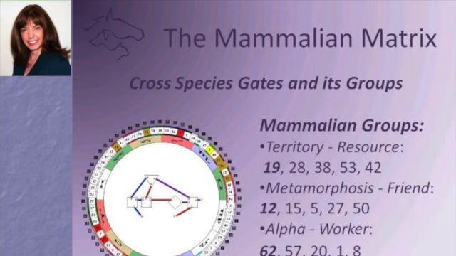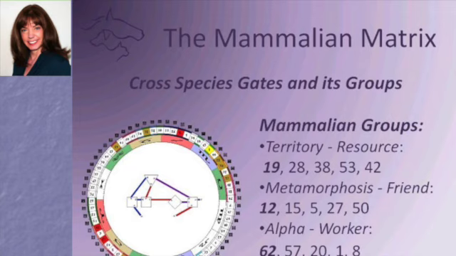In the mammalian area, this is about the alpha. So this is where you get into who's on top, who's the leader of the pack, so to speak, and who gets to manifest and be the leader of the pack. Well, that obviously means that anytime I'm around a pack mentality of animals, I get to be in the lead, and that's kind of a good thing.